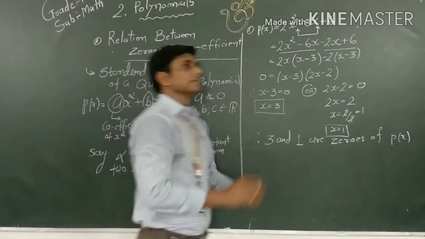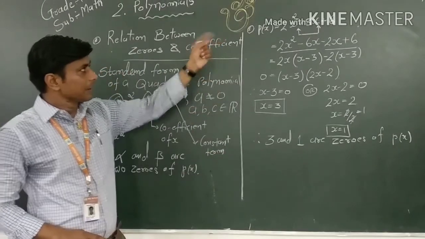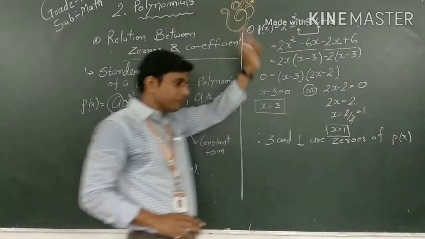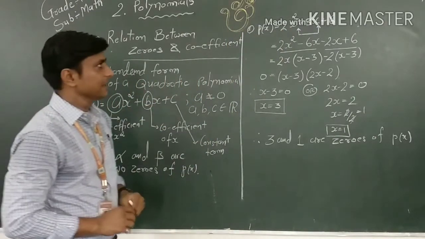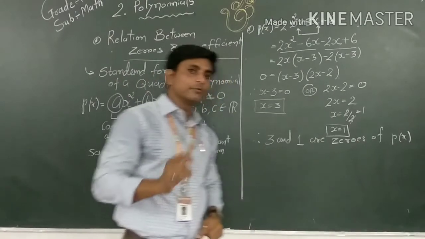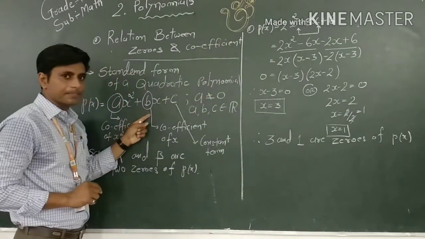First of all, in every example, you have to compare the given polynomial with the standard form. Again I repeat, in every example, you have to compare the given polynomial with the standard form.